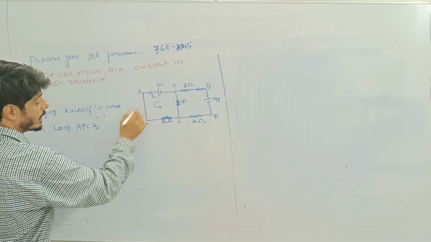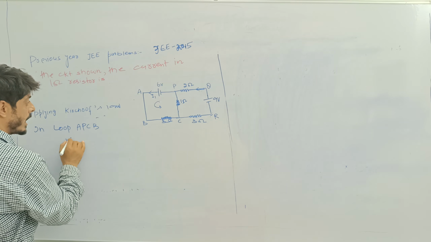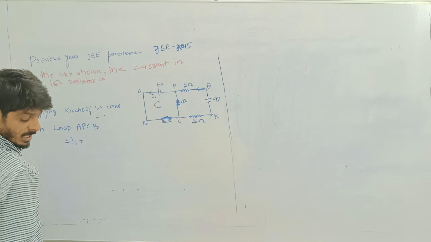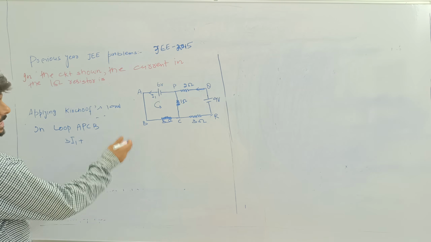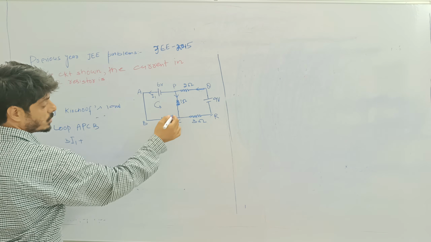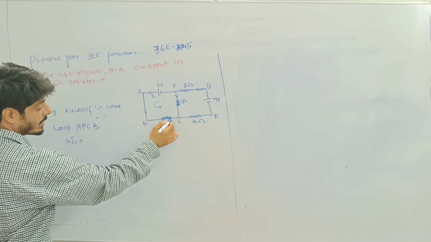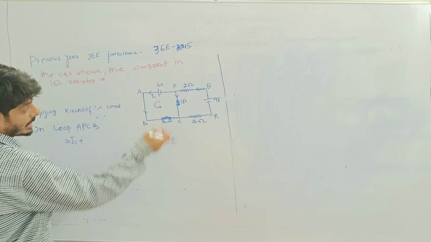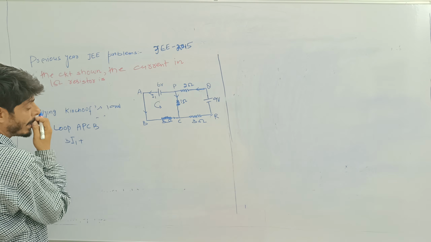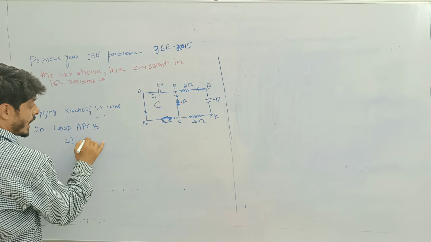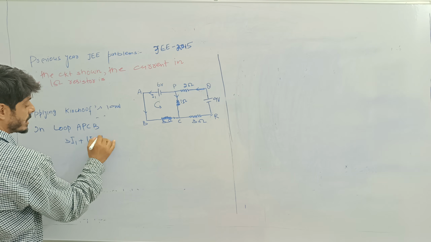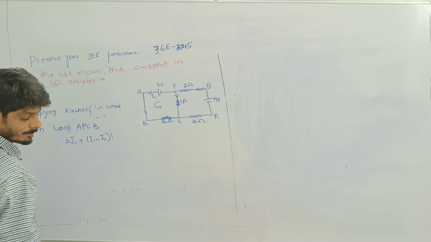So it means I will go like that. 3I1 plus, so it is like that. The direction of current over here is there, so it means 3I1 plus (I1 minus I2) into 1.